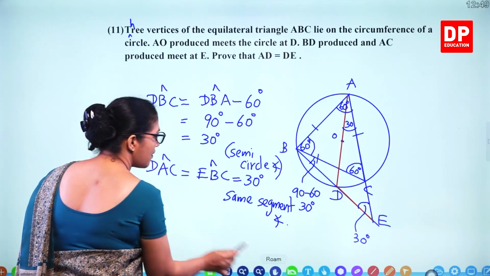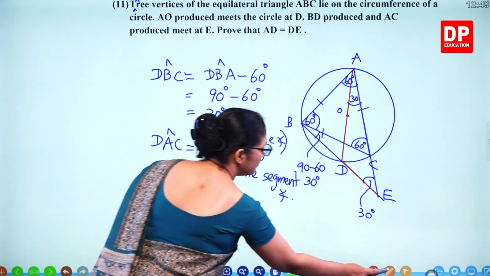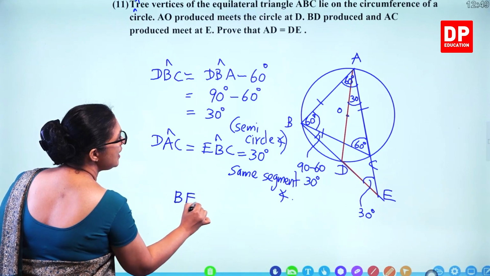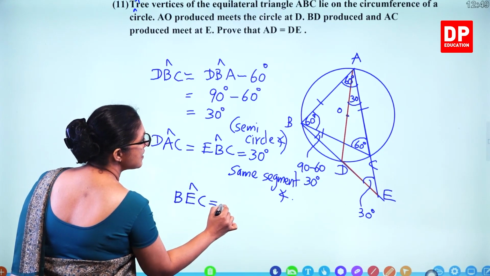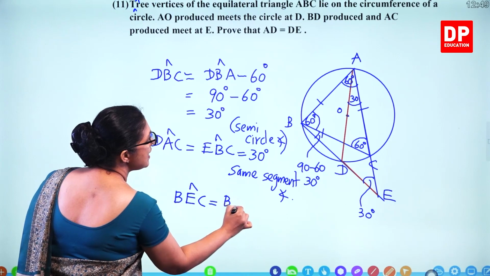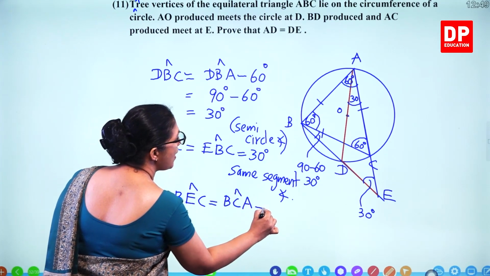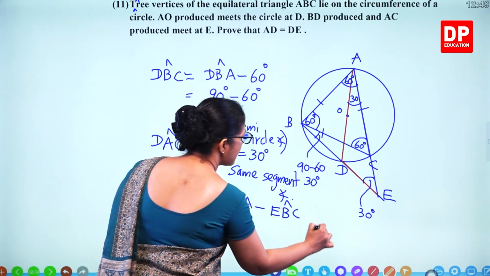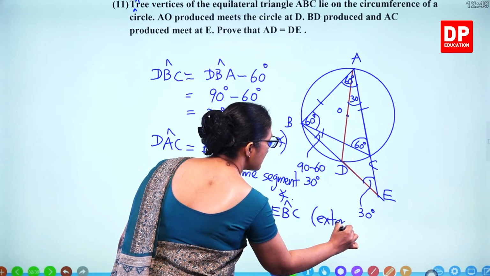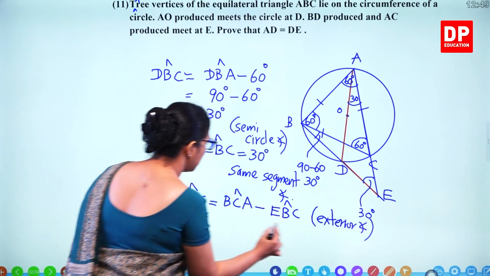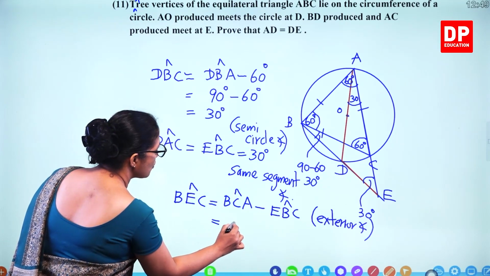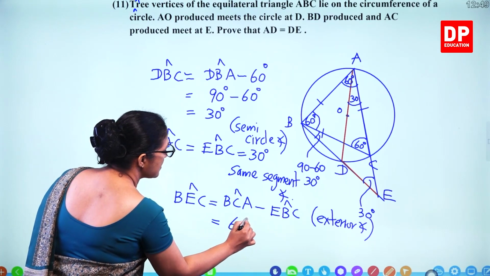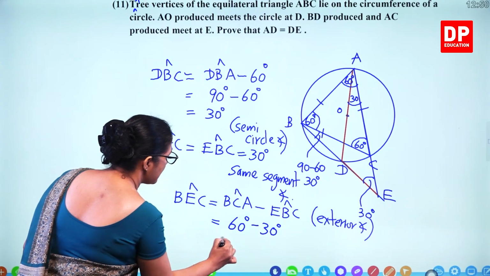So we can write down BEC angle is BCA angle minus EBC angle, because of exterior angle. So that means BEC is also 30 degrees. So we can write this is 60 minus 30, 30 degrees.